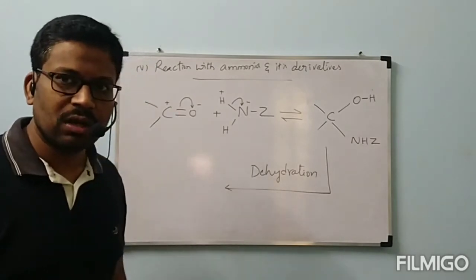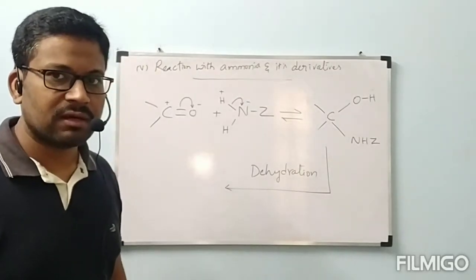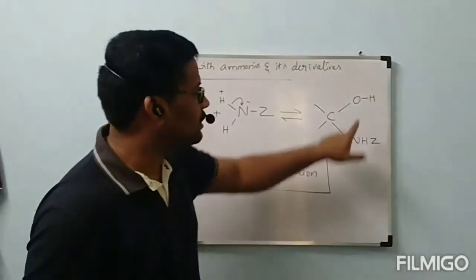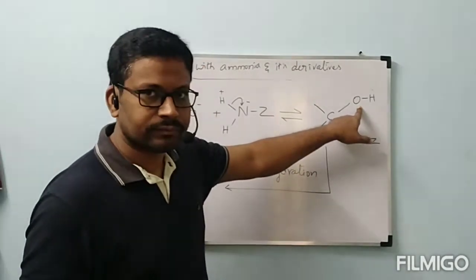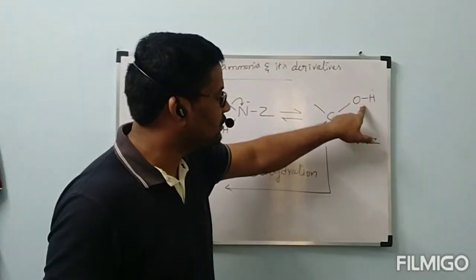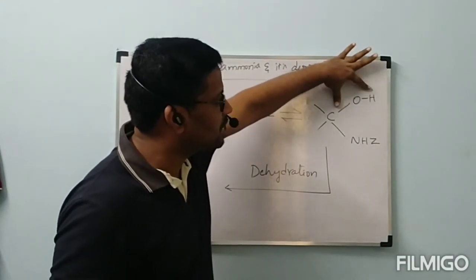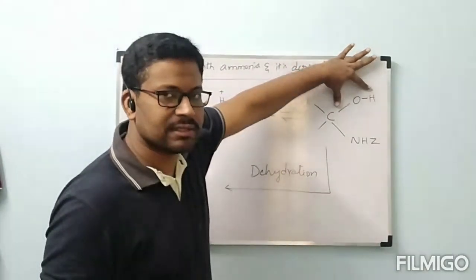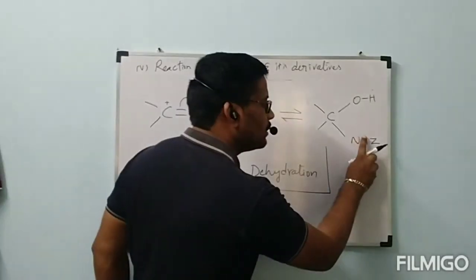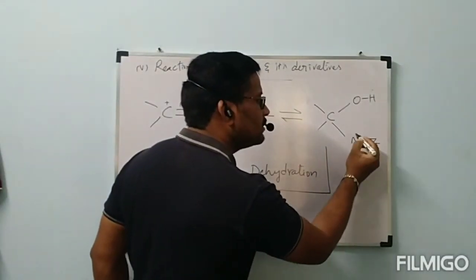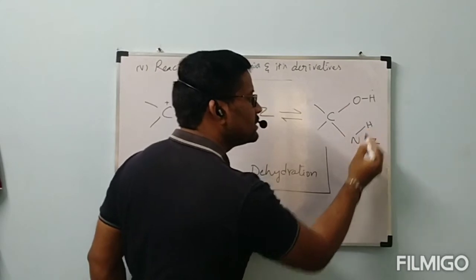Dehydration means removal of water. Okay, from where will the removal of water happen? See here, there is OH. This OH, along with this bond, comes out as OH minus. Here NH is there.